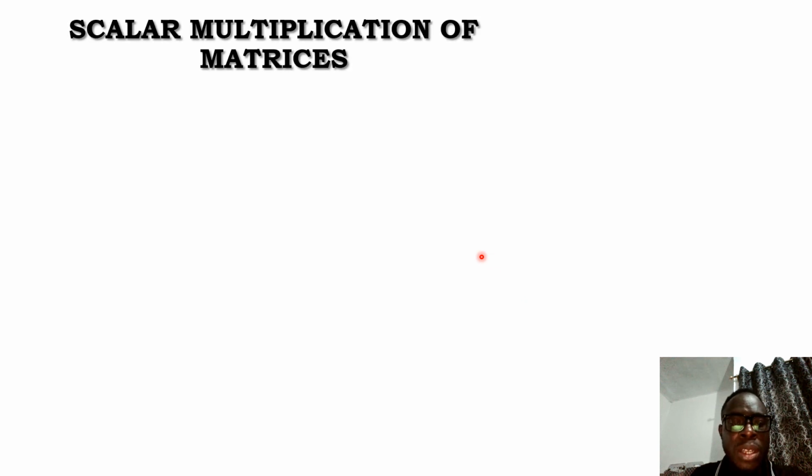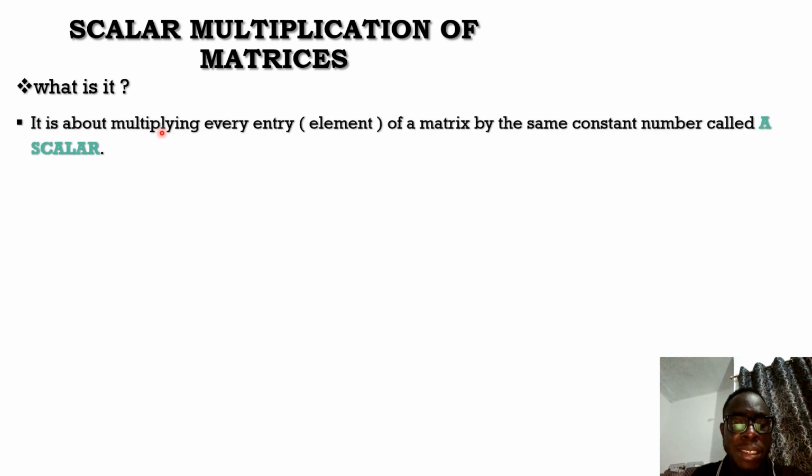Now, let's go to scalar multiplication of matrices. What is the main idea behind it? It is about multiplying every entry, that is element of a matrix, by the same constant number called a scalar. So the scalar is the main factor here. It is a constant that multiplies a matrix.